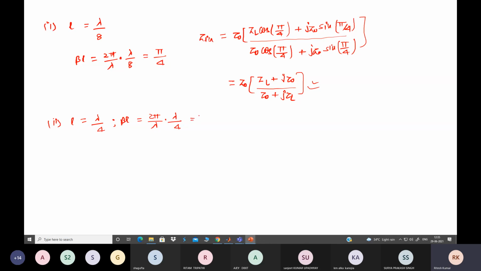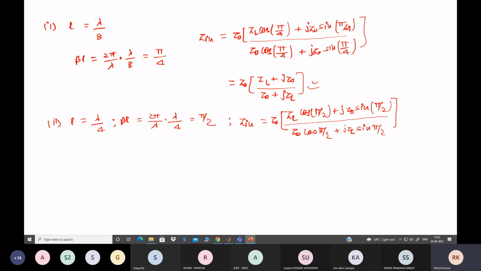So this is now what? π/2. Therefore Zin in this situation we can write Z0 into ZL cos π/2 plus j Z0 sin π/2, divided by Z0 cos π/2 plus j ZL sin π/2.